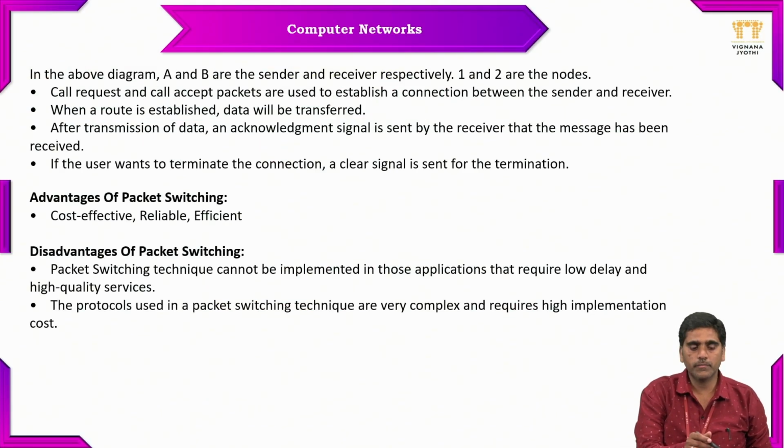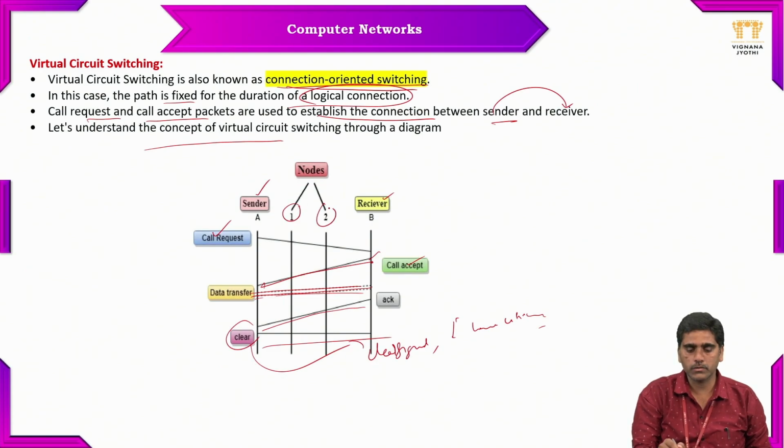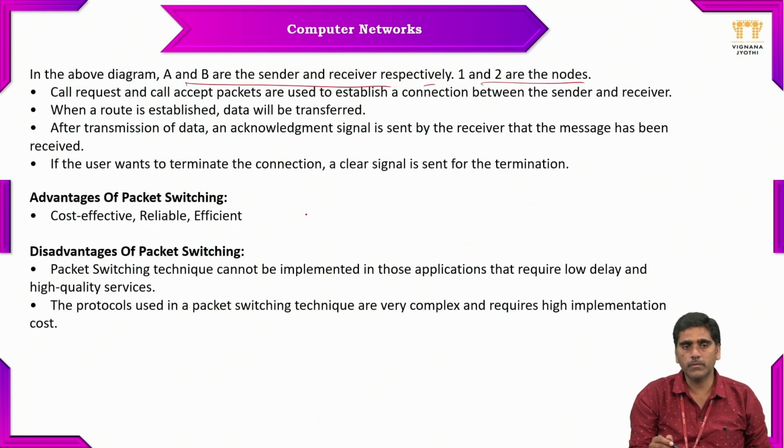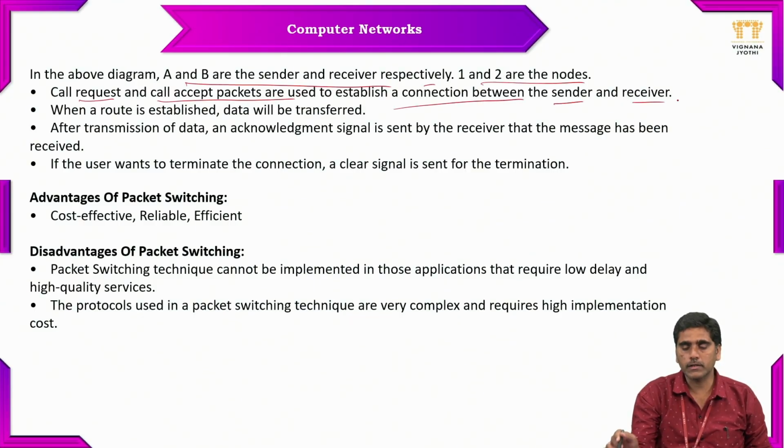These are the steps we have to understand. In the diagram, A and B are the sender and receiver, and 1 and 2 are the nodes, through which they communicate. Call request and call accept packets are used to establish a connection between sender and receiver. When a route is established, data is transferred.